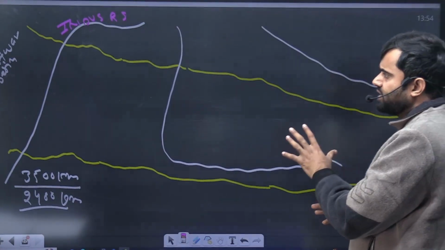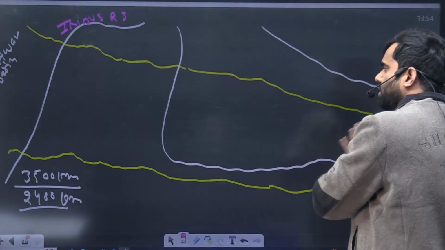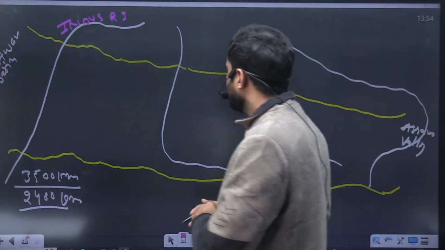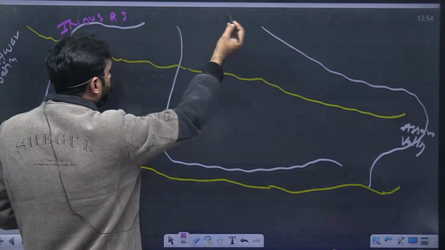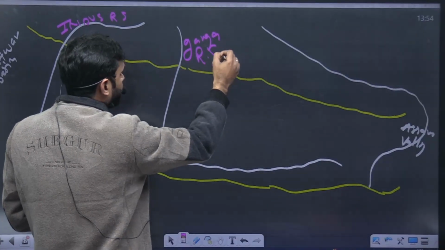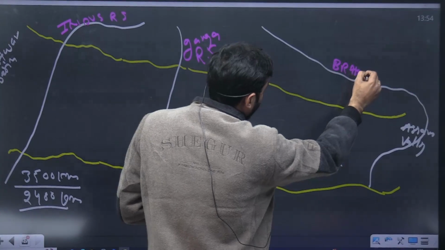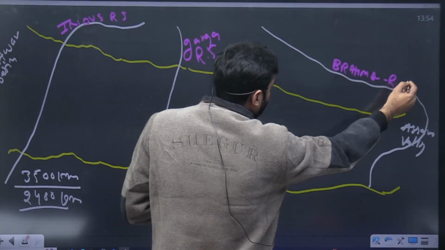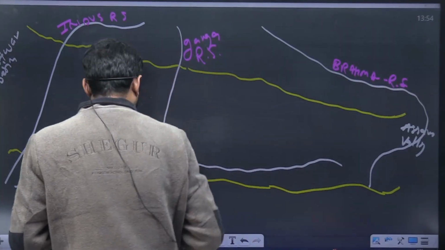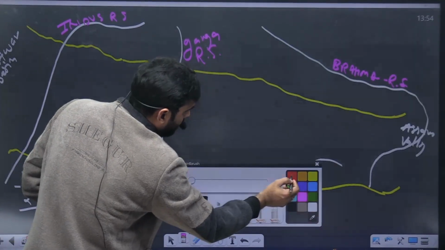And what kind of classification has been done to understand the world's largest alluvial tract? This is the Ganga river system, and this is the Brahmaputra river system. Exactly. So right now we will try to understand some important points.